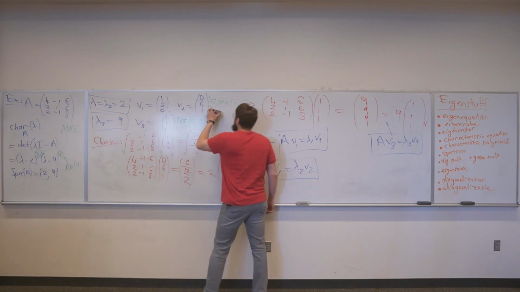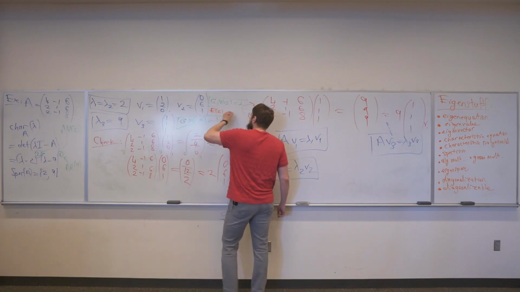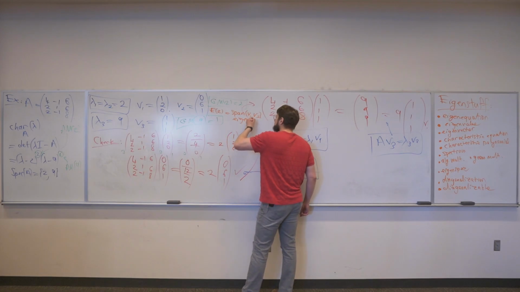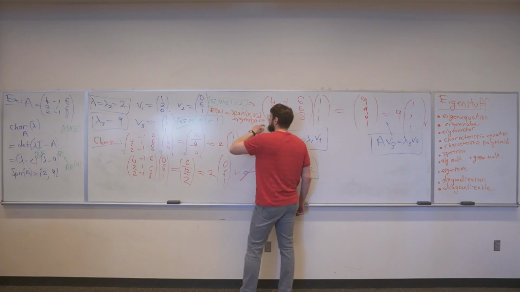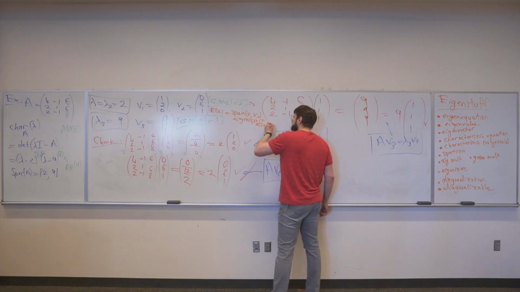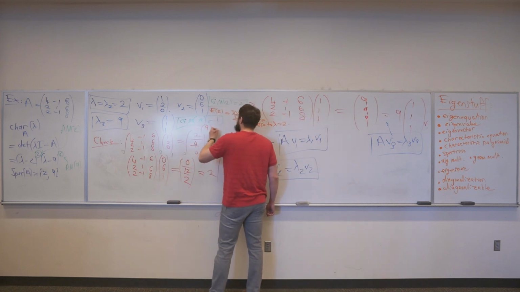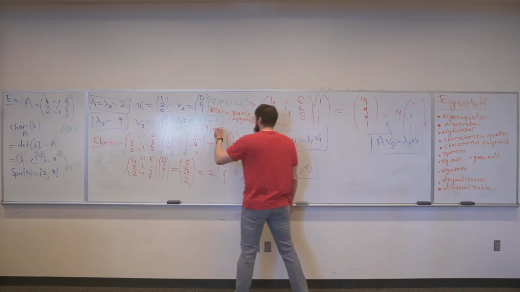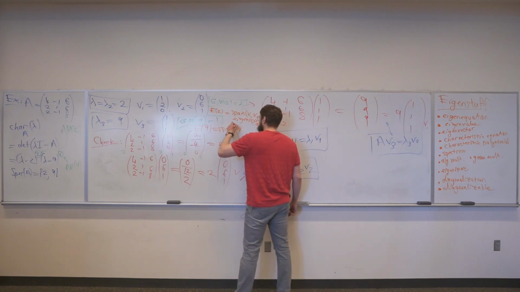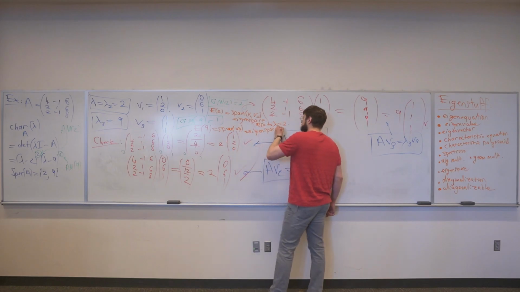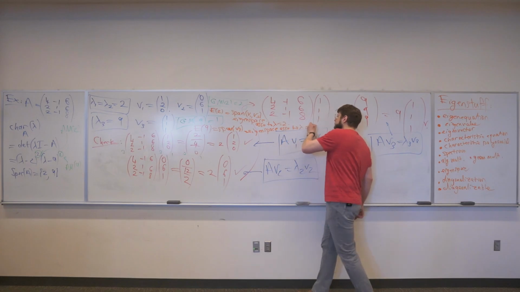So maybe say E of 2. Eigenspace of 2 is the span of V1, V2. This is the eigenspace. It's a plane. Eigenspace associated to lambda equals 2. And E of 9, again, is the span of (1, 1, 1), the span of V3. This is the eigenspace associated to lambda equals 9.